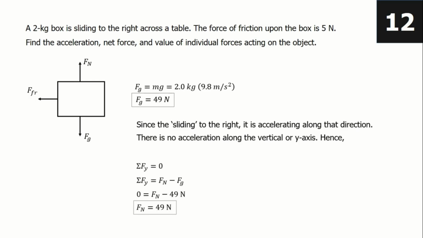So if you sum the forces along the y, it should be equal to 0. So your normal force is also equivalent to 49 newtons. So it is the weight of that object, of that 2 kilogram box, pushing on that table.